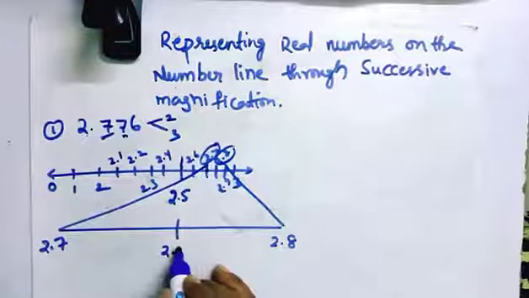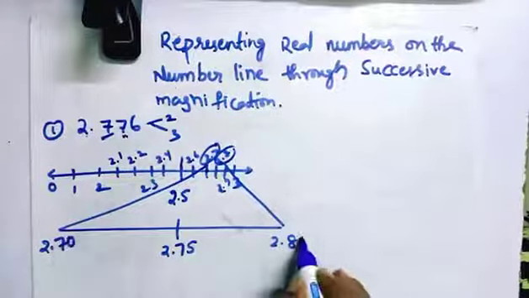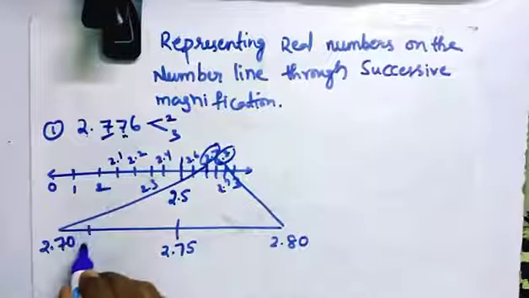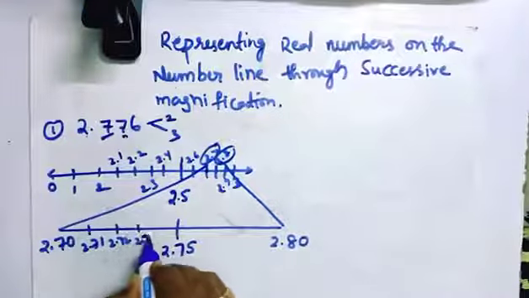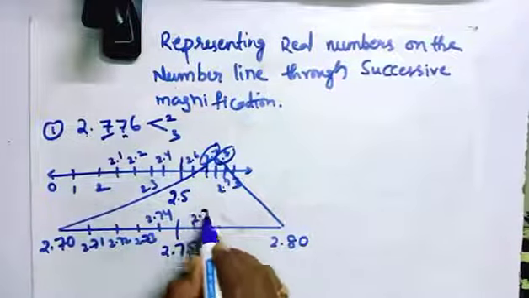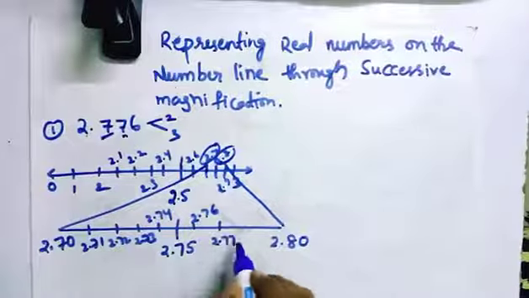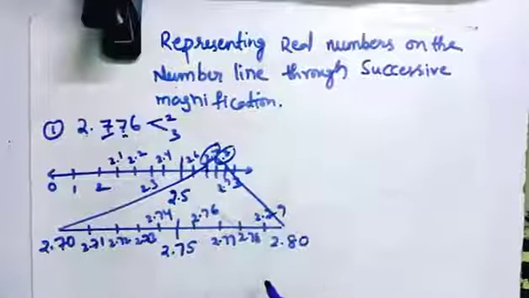So that is 2.7, this number will become 2.70, this is 2.80. So 2.71, 2.72, 2.73, 2.74, 2.75, 2.76, 2.77, 2.78, 2.79, 2.80.